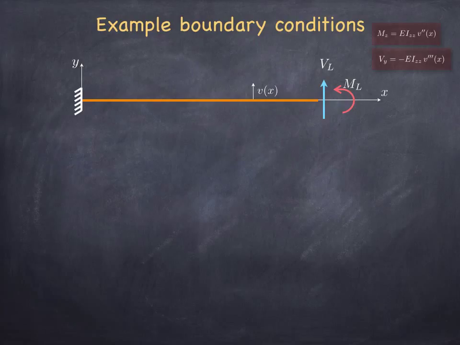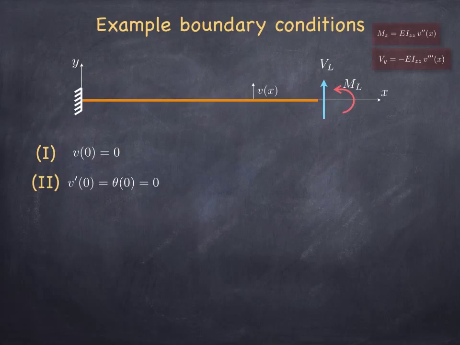The boundary conditions on the left-hand side of this beam are kinematic type boundary conditions, and they're simple, easy to express. On the left side, v at 0 is equal to 0, as well as theta at 0 is equal to 0, but we know that the rotation of the neutral plane is nothing other than the first derivative of the transverse deflection field, so it's equivalent to prescribing v prime at 0 to be 0. So here we have two boundary conditions on the left-hand side well defined.